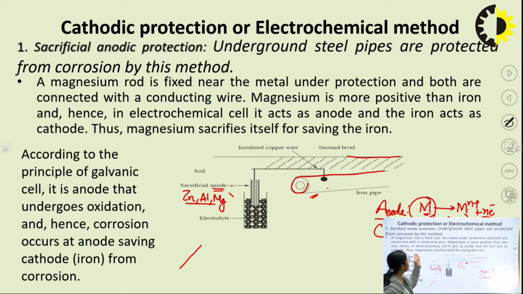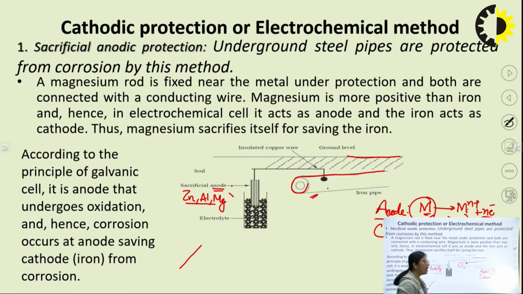So, in this case, a magnesium rod is fixed under the metal under protection, and both are connected via conducting wire. And magnesium is more positive than iron in the electrochemical series, and hence it is going to act as anode, and the iron is going to act as cathode.